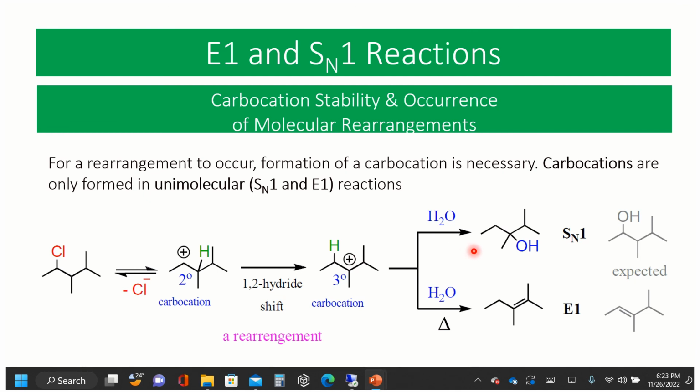to realize an SN1 product that is different from the expected species, and an E1 product that is different from the expected species.